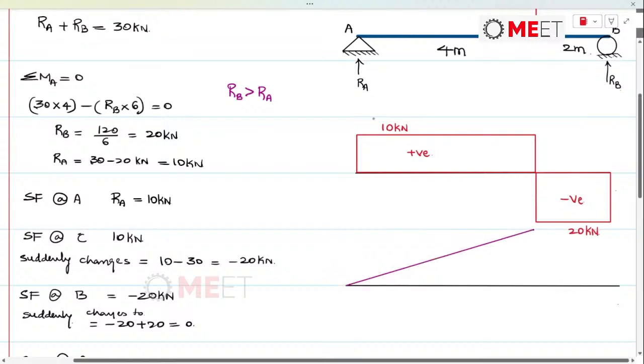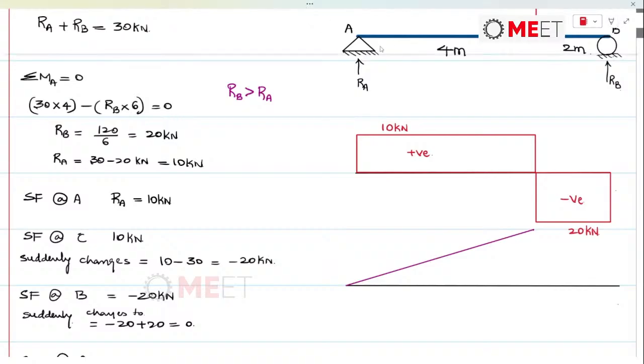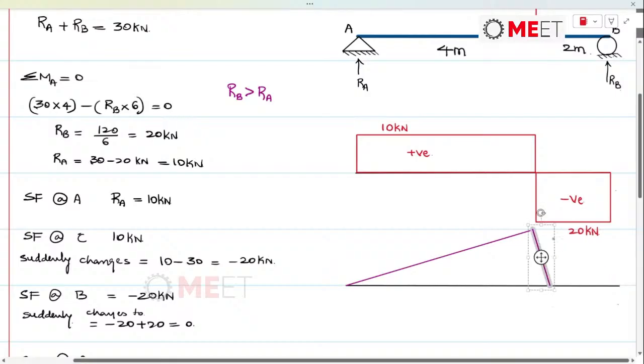Here it is going to have linear variation, and I'll elaborate why the variation is a straight line by taking the section XX. From B to C onwards, again it drops and becomes 0. So this would be the shear force diagram. Let me just realign it.